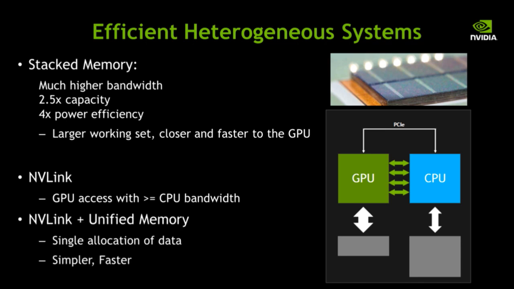And when you combine that with unified memory, that means you now have a single allocation of your data, and it doesn't matter so much where the data is. The access performance is just as high from the GPU if it's in CPU memory as it is from the CPU. And so that means your code gets faster and also simpler.